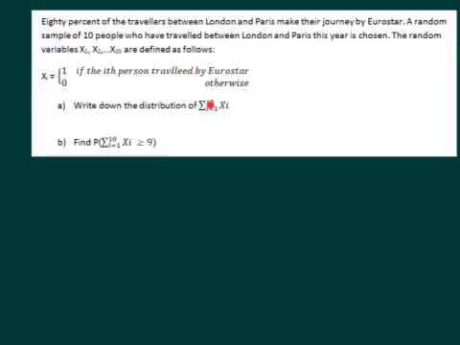So what we need to do is find the distribution of the number of people that would have travelled by Eurostar, thinking of success as being travelled by Eurostar, and we've got 10 events. What this is saying is that the distribution is simply a binomial distribution with 10 events, and the probability of success is 0.8.